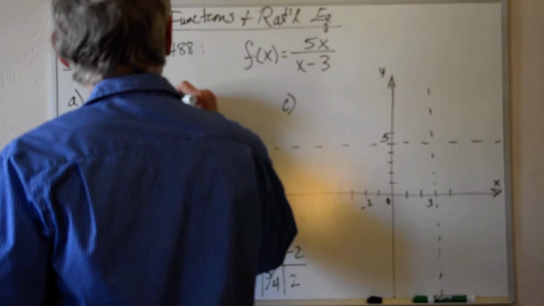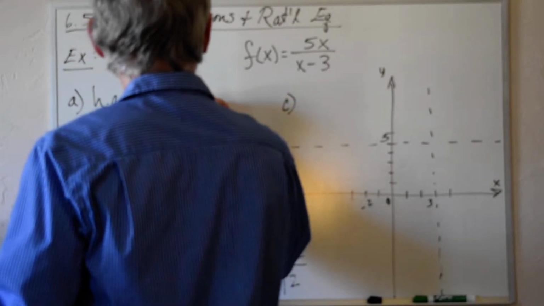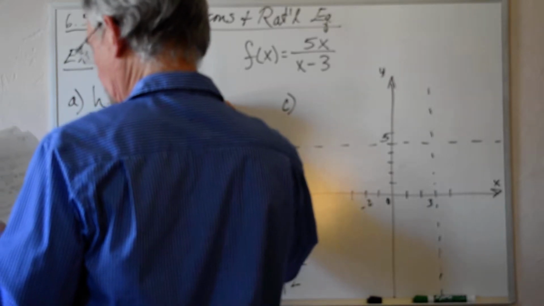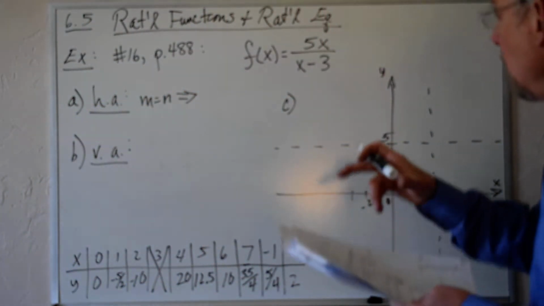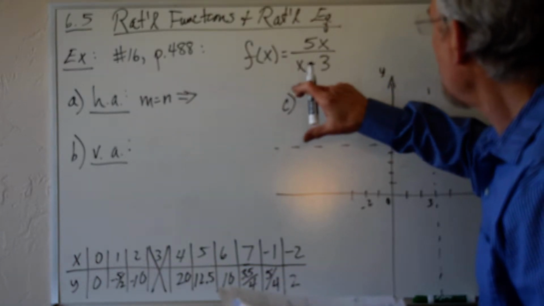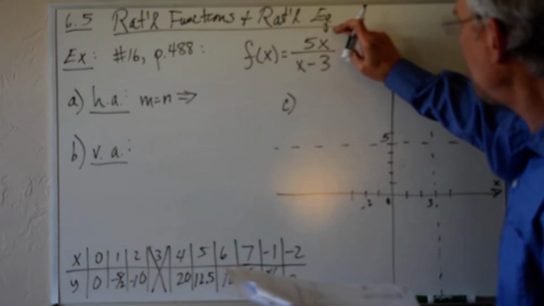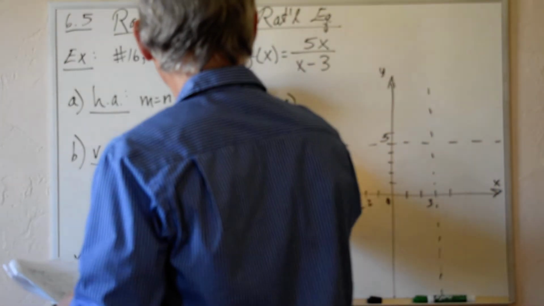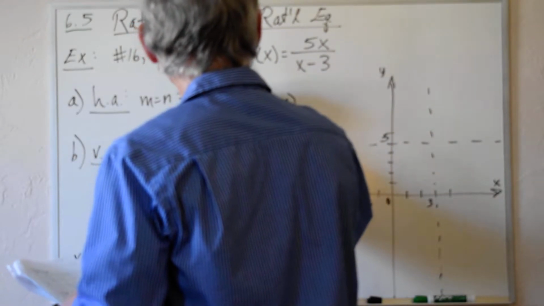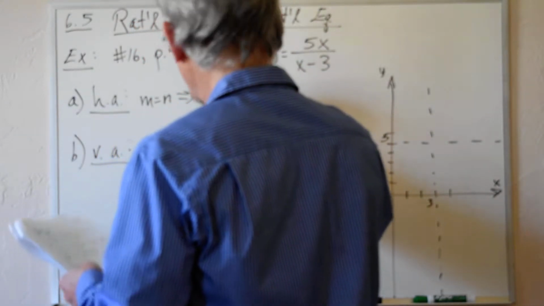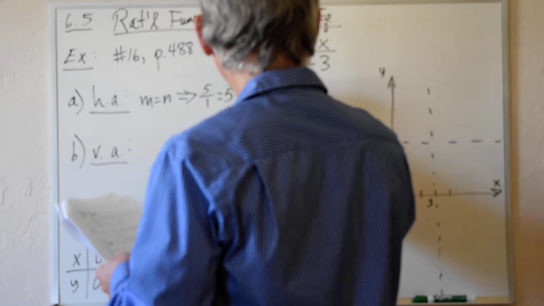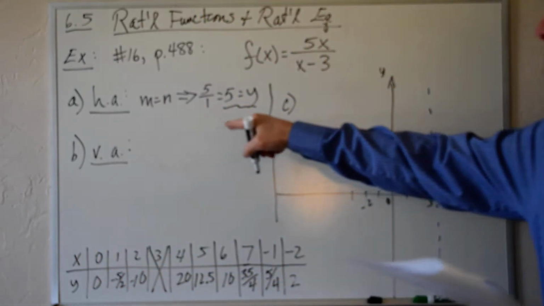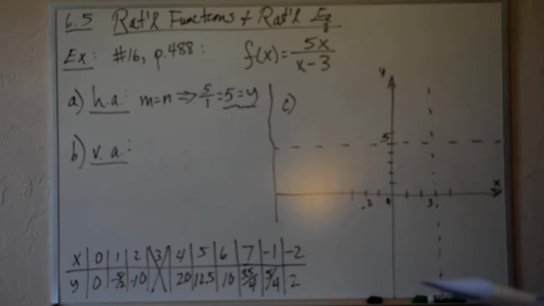So m equals n, which means that the horizontal asymptote is the ratio of the lead coefficients. So it's 5 over 1. Right, so the line y equals 5 is going to be your horizontal asymptote.